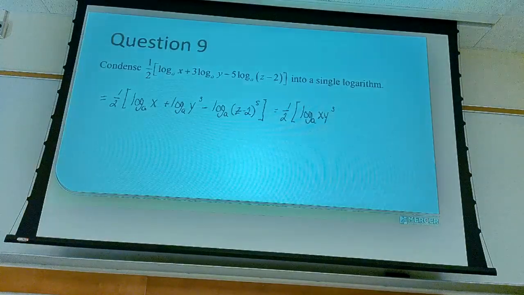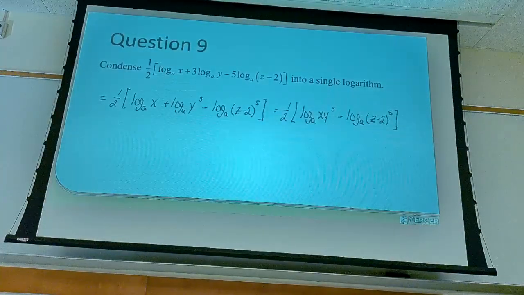It would be log base A of x y cubed, and then just minus that other log, right? And then all under a radical? But I'm not done yet.